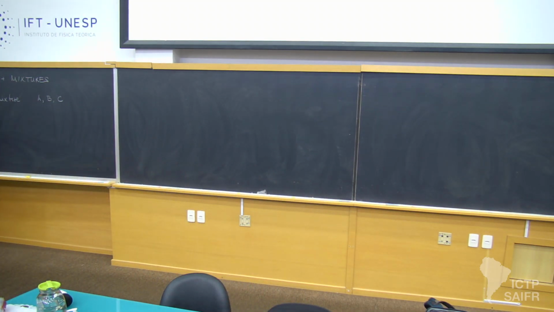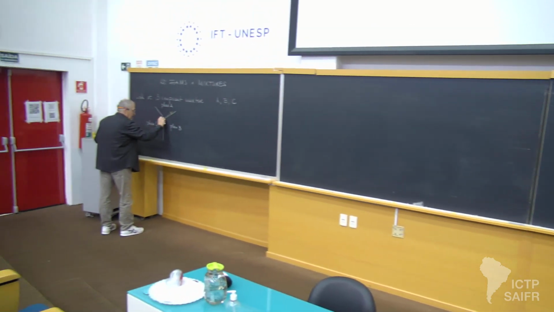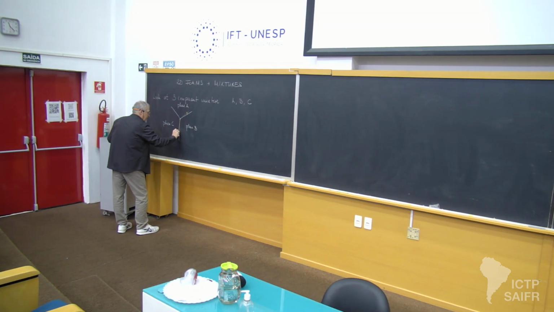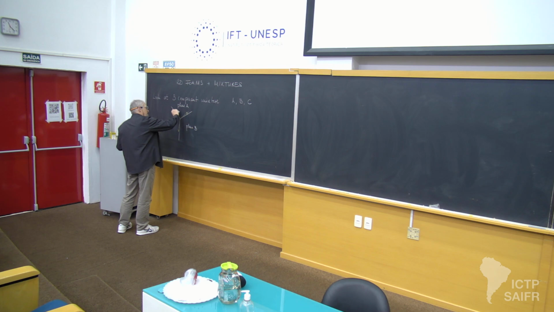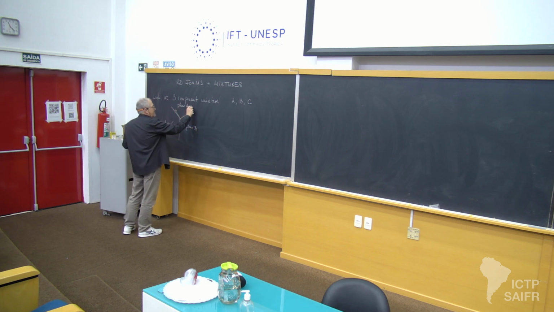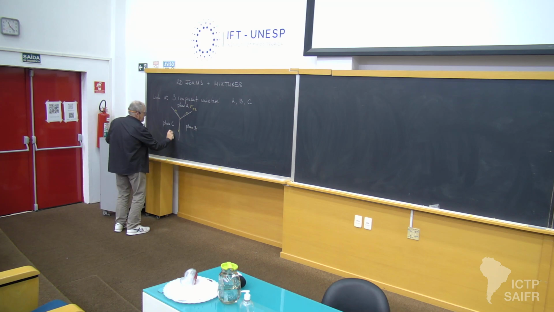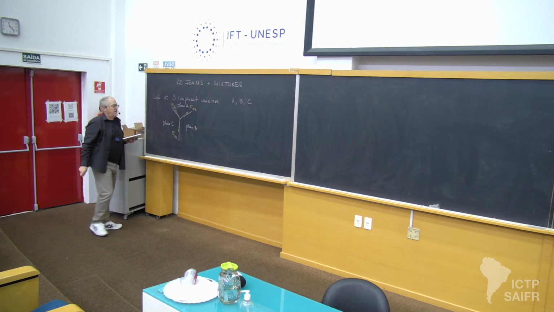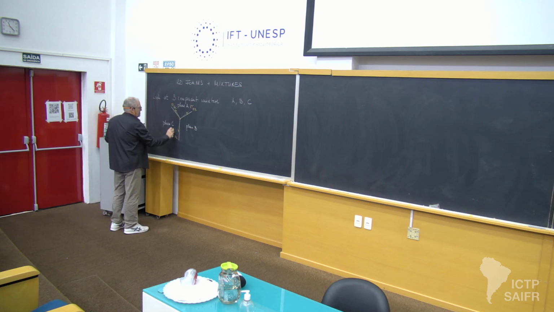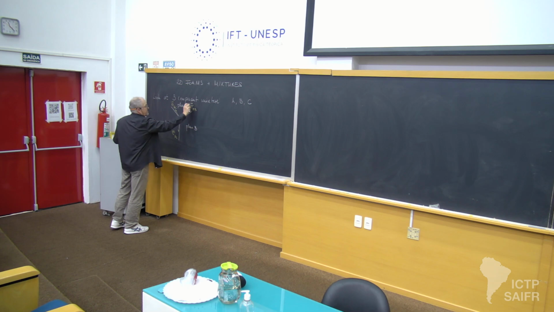In general, those lines are not straight, they may be curved. I drew them straight. So along the tangents of the films meeting at this vertex, you have surface tension sigma between the AB phase, sigma between the BC phase, and sigma between the A and the C phase, and all three of them are vectors.